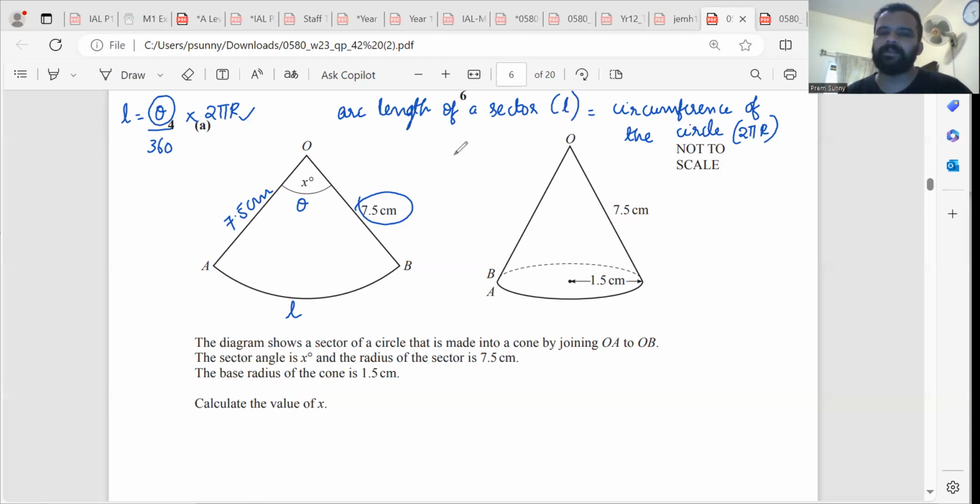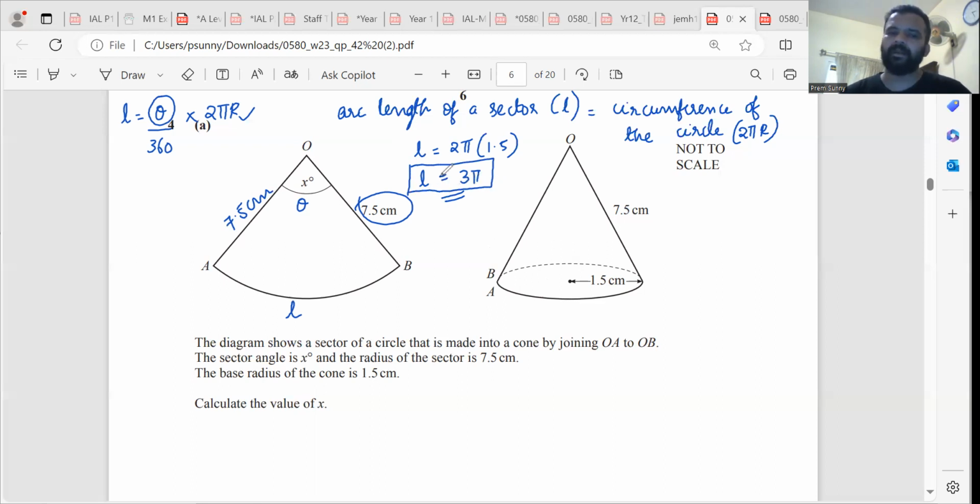Now arc length is L, so L is equals to 2 into pi into radius. The radius is given as 1.5. So 2 into 1.5, we know it is 3. So L is equals to 3 pi. I'm keeping it in terms of pi. So my arc length is 3 pi.